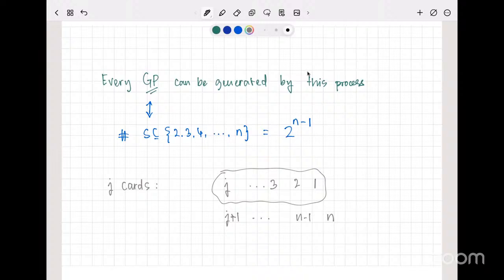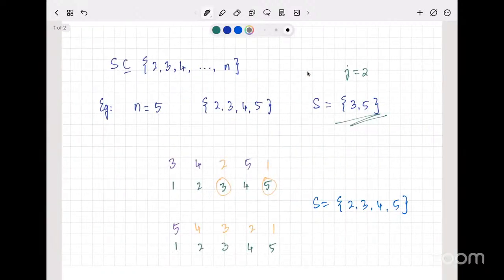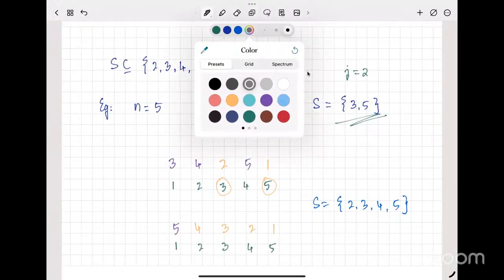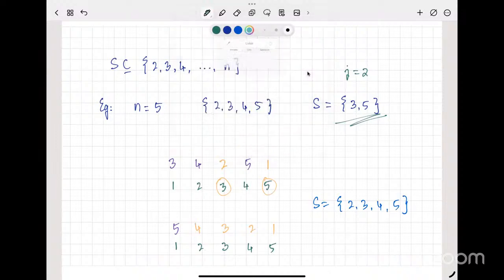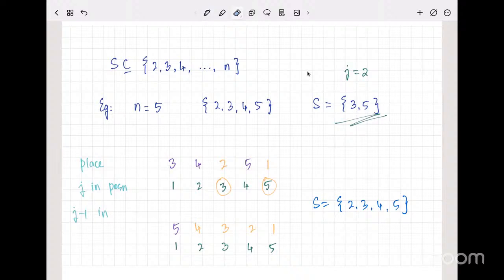So essentially, just to make this concrete, when you pick S, place J in position S1, so let's say your S is S1 to Sj.